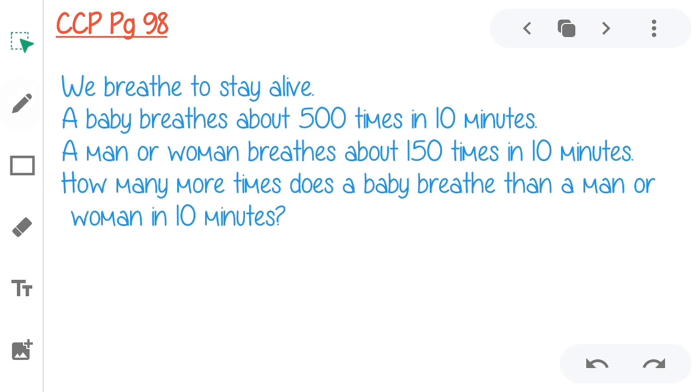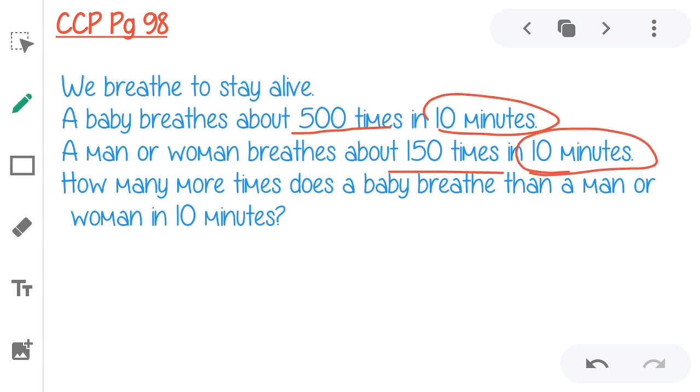So the information which is given to us here is, a baby breathes 500 times and a man or a woman breathes 150 times. The 10 minutes, that is the time which is given, is common in both these cases. So we will just see the numbers 500 and 150 because we have to compare the number of times they are breathing in this time.